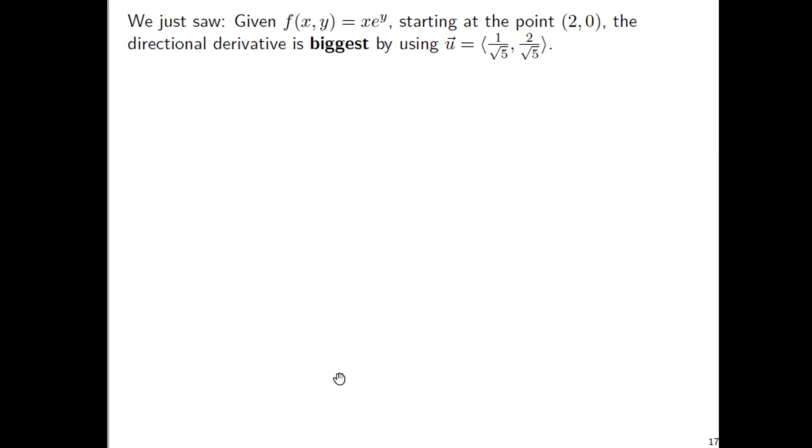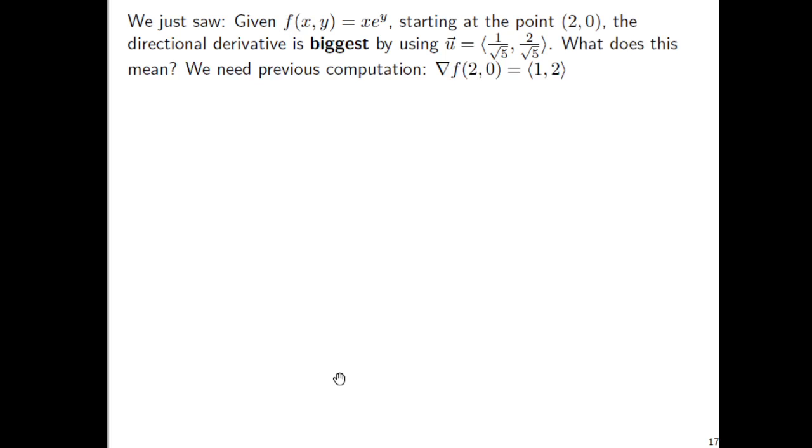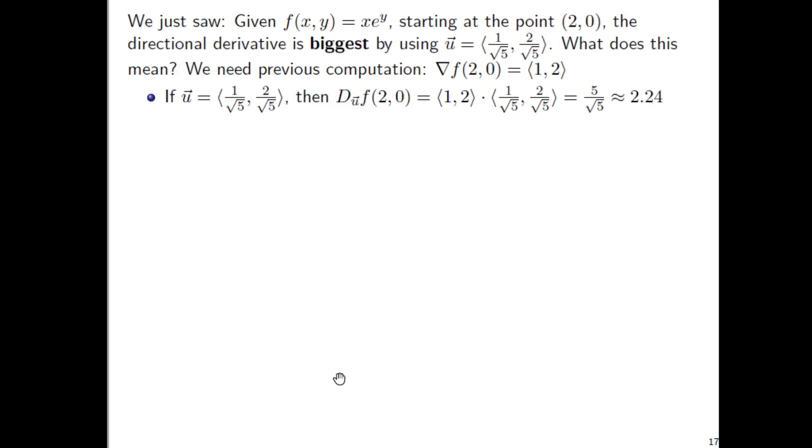So we just saw, given the function x e to the y, and fixed at the point 2 comma 0, our starting location, the directional derivative is biggest by using u equals 1 over root 5 comma 2 over root 5. Looking at our earlier computation, the vector 1, 2 is the gradient at the point 2 comma 0.